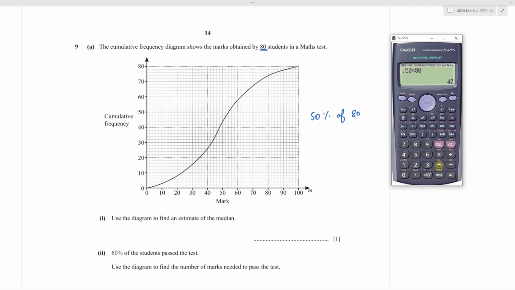So let's do that. So if I read the marks here, draw a straight line.